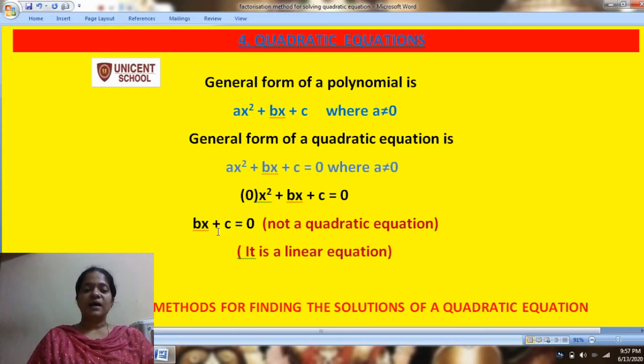The highest power in this equation is 1. To be a quadratic equation, the highest power should be 2. As it doesn't have a highest power of 2, it is not a quadratic equation. Moreover, it is a linear equation as its highest power is 1 here.